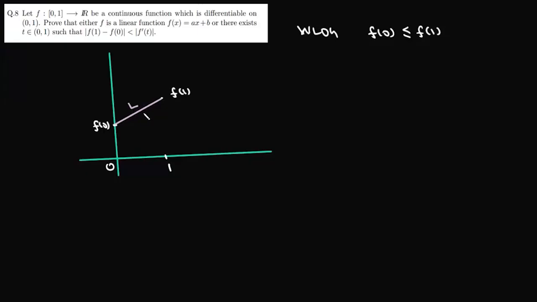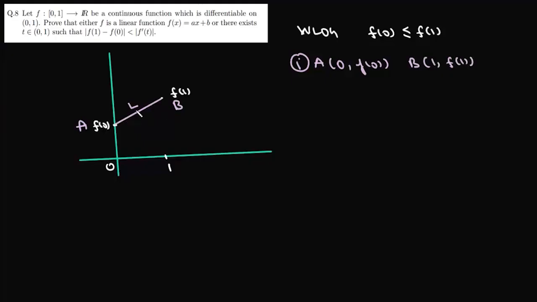Since it is a continuous function, one of the possibilities is it could be this straight line which passes through these 2 points 0, f0, say this point A, and this other point B, which is 1 comma f1.